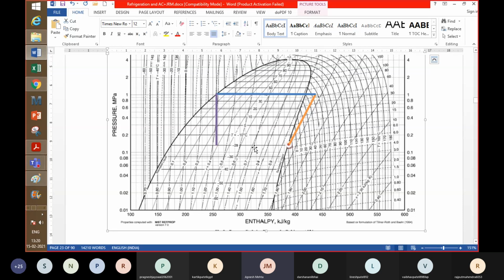So if possible, you should try and do something to reduce the dryness fraction, right? So later on we'll see that if you can provide subcooling, it could be possible.